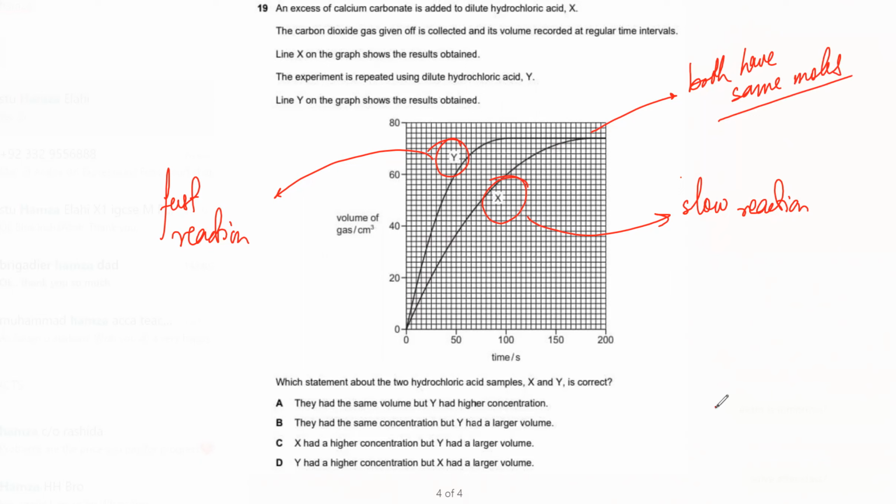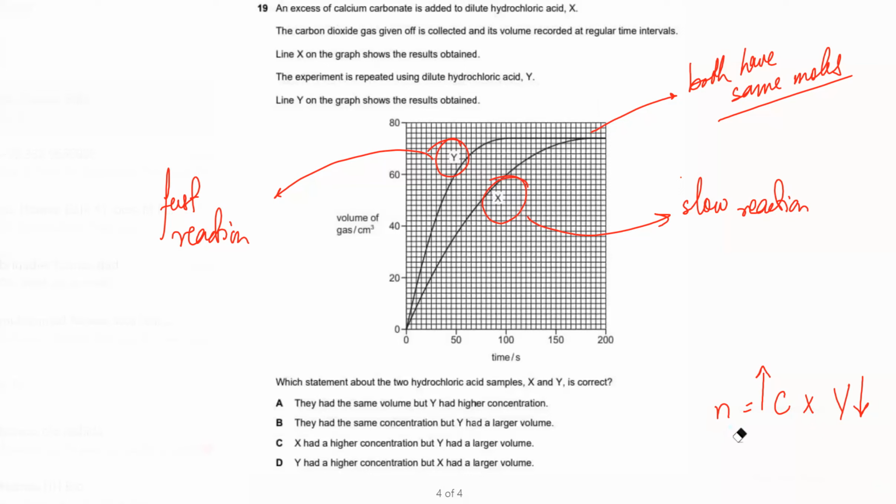Moles is concentration times volume. If I double the concentration but halve the volume, the moles will still be the same. Do you get my point? So it's not necessarily the same concentration, because moles also depend on volume. Okay, is that clear?